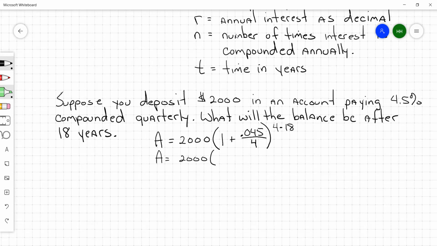All right, so take that plus 1. We got 1.0113. And I got that by doing this sum backwards: I did 0.045 divided by 4 equals, and then I just pushed plus 1. All right, and then our exponent is 4 times 18, which is 72.